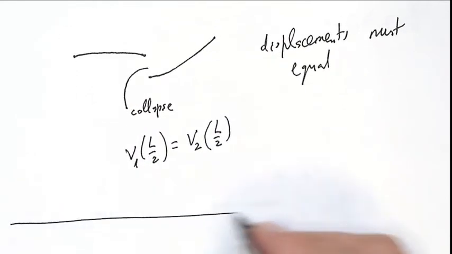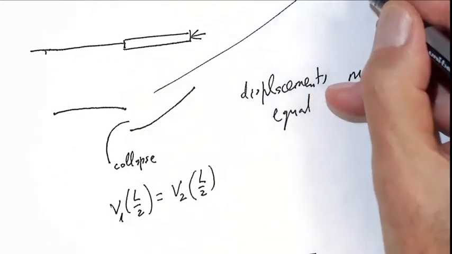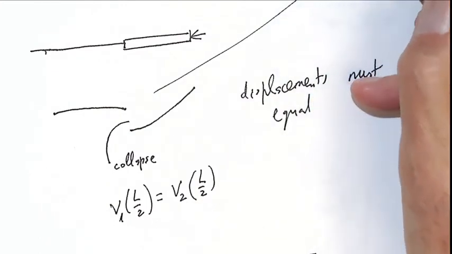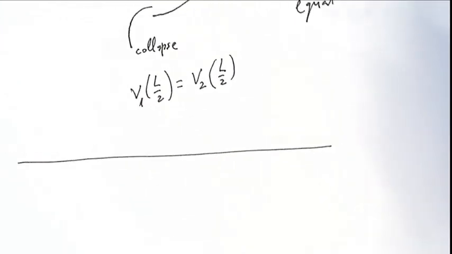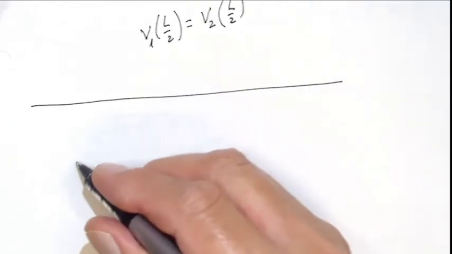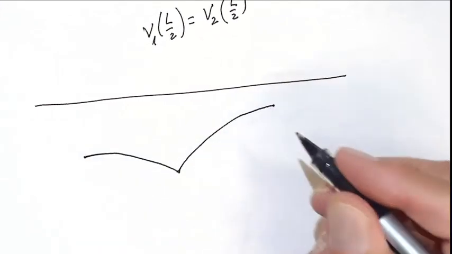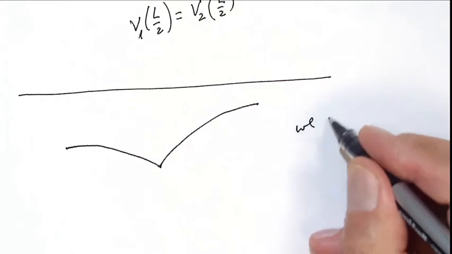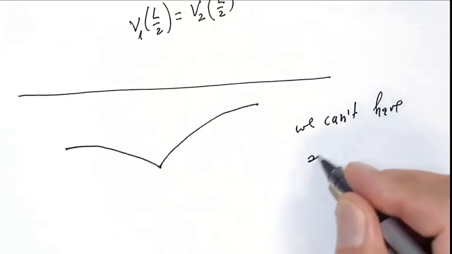Also, we cannot have this. And we already discussed this in beam displacement problems. We cannot have also, let us say, this here and that there. We cannot have slope discontinuity.